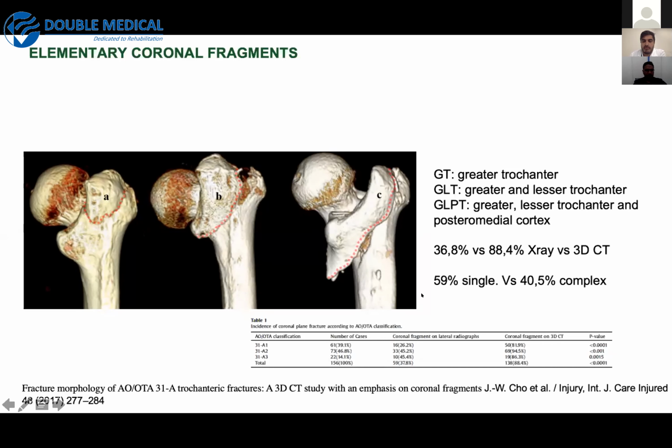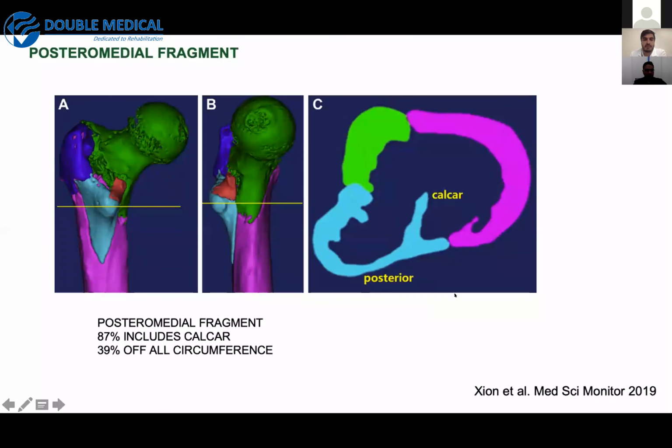Also, you can see that almost 50, 60, and 40% of them are complex or comminuted. So this is also an instability. The posterior medial fragment is a constant fragment. It may be simple or complex, and it's very variable and very unstable.